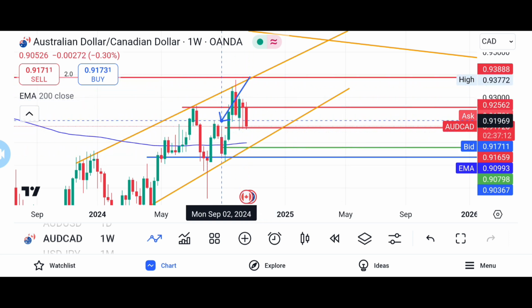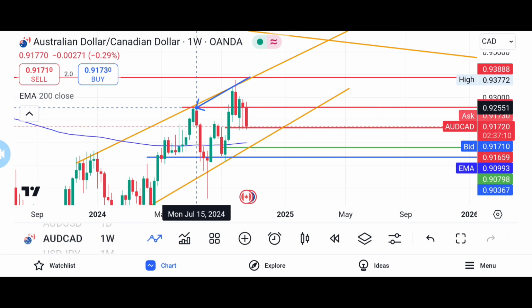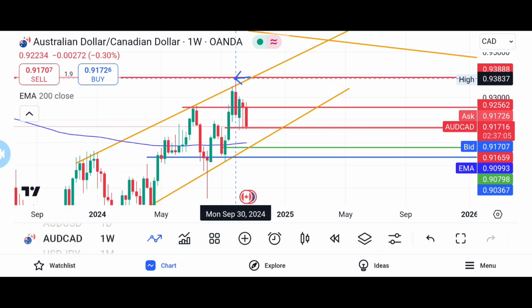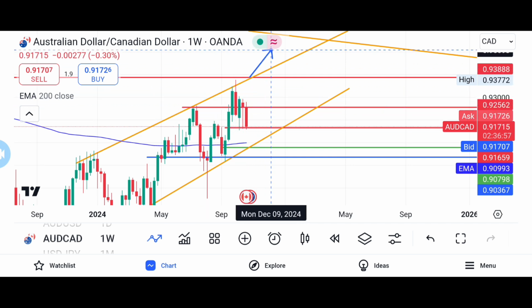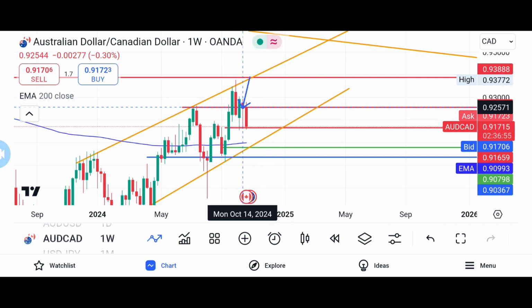Let me explain. This was the previous high. The buyers broke it, and if you can see very well, instead of forming a higher high here, it went back into this range.